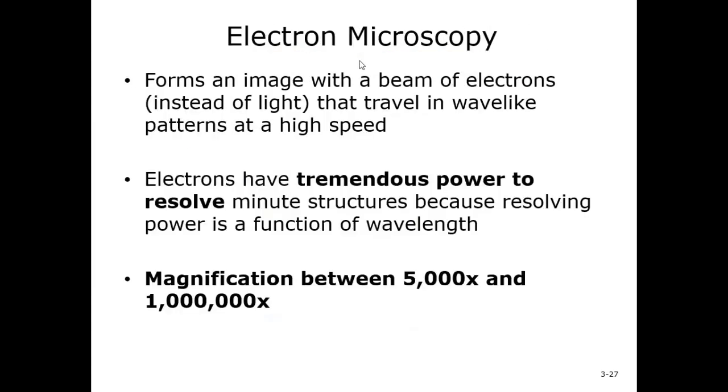Okay, the last type of microscopy is electron microscopy. What's unique about electron microscopy is that instead of using light, all the other microscopes we talked about use light, these use a beam of electrons. And what makes this type of microscopy so special is it has tremendous resolving power.